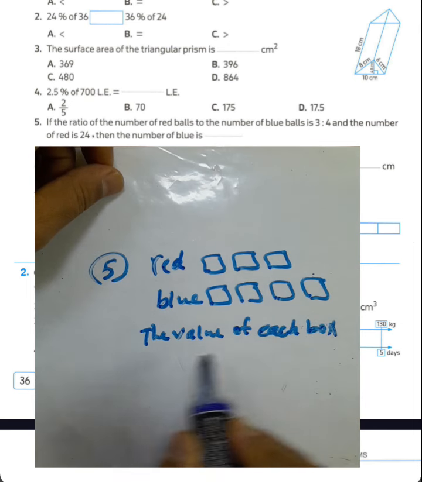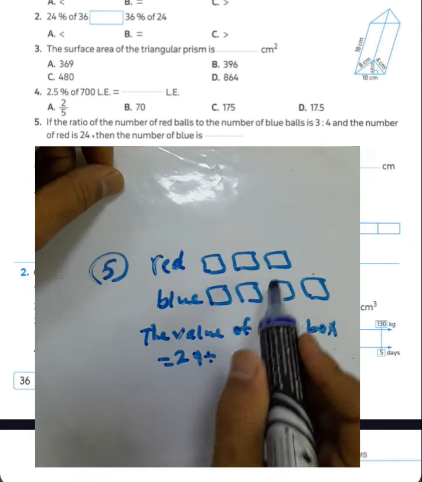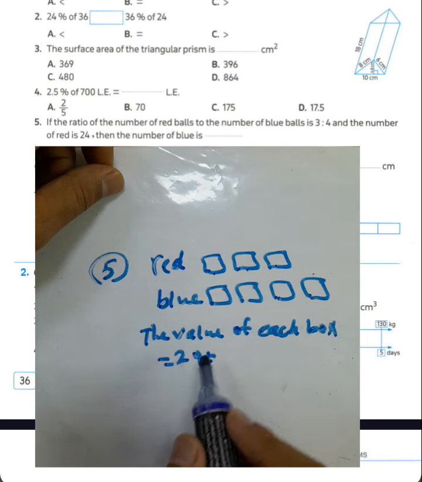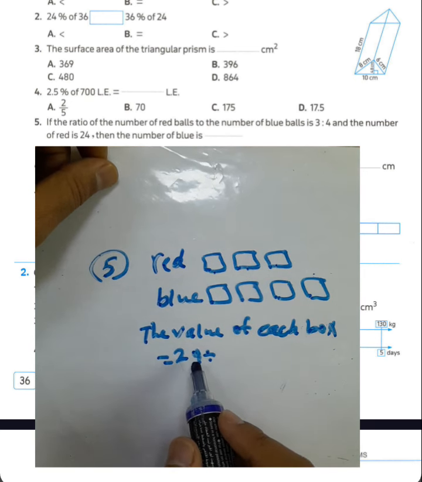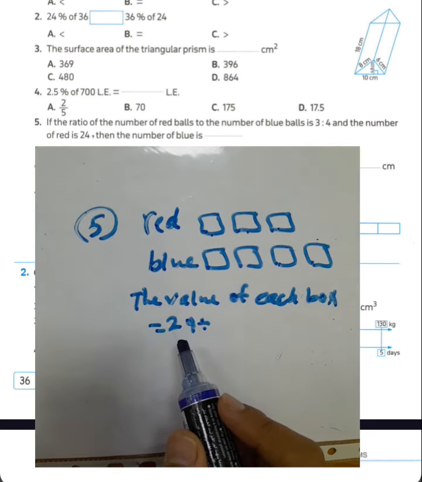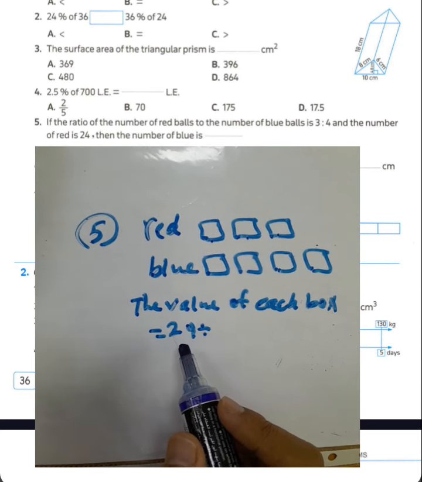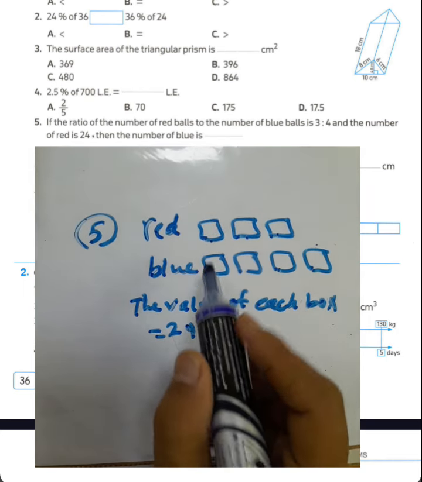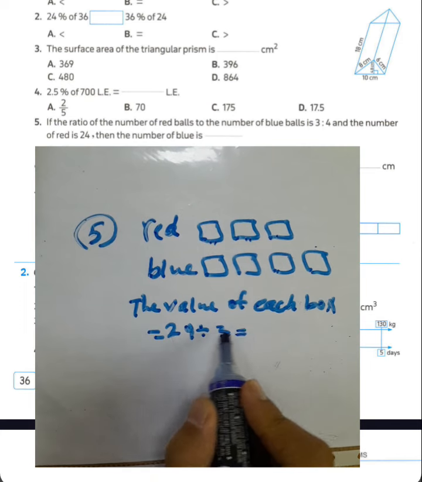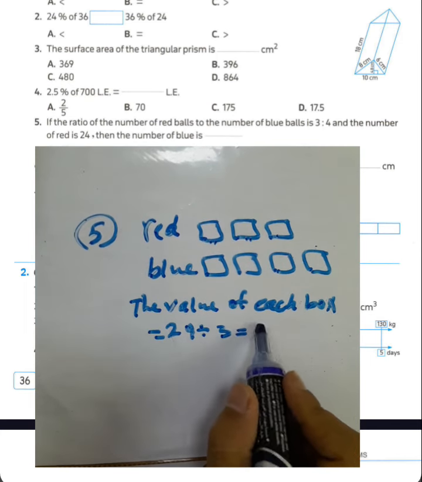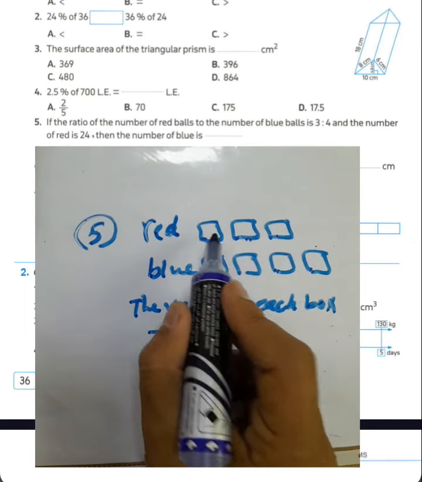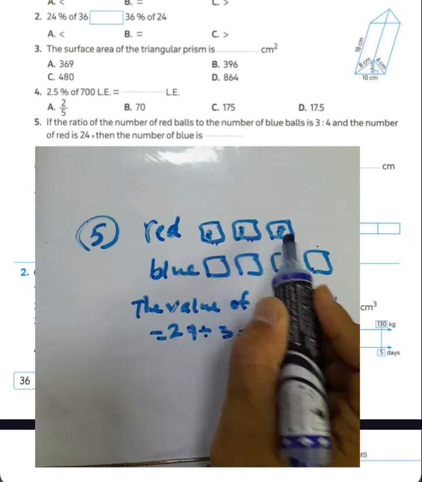Then we can find the value of each box by writing 24 divided by 3 parts, because he gives us the number of red balls. The number of red is 24. 24 divided by 3 parts to find the value of each box. 24 divided by 3 equals 8. Then the value of each box was 8, 8, 8, and here 8.